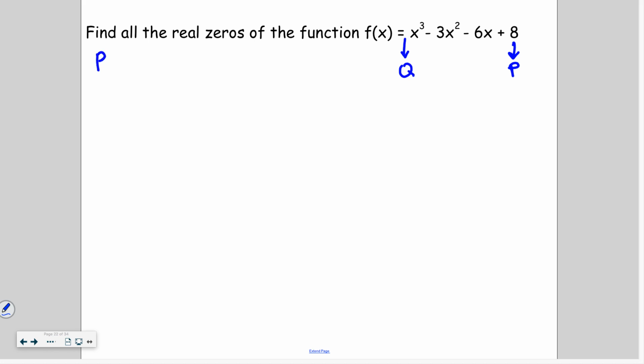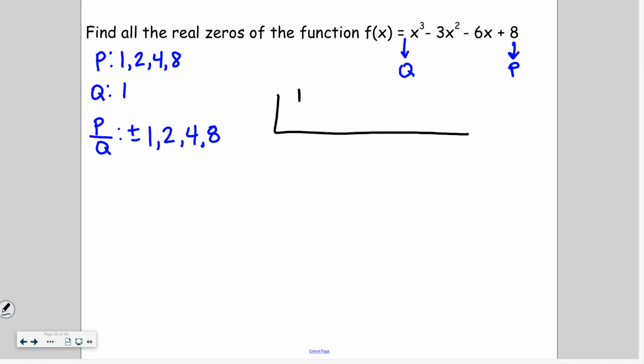All right, so P, 1, 2, 4, and 8. Q is 1. So my P's over Q's. Positive, negative, 1, 2, 4, and 8. All right, so let's just try this.